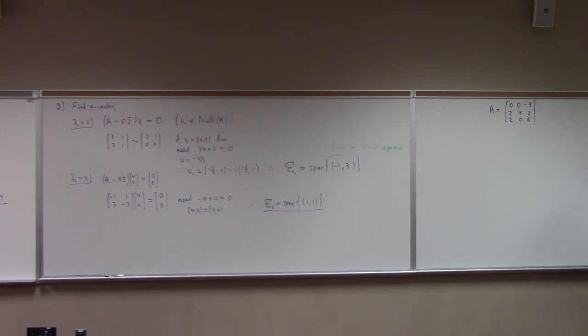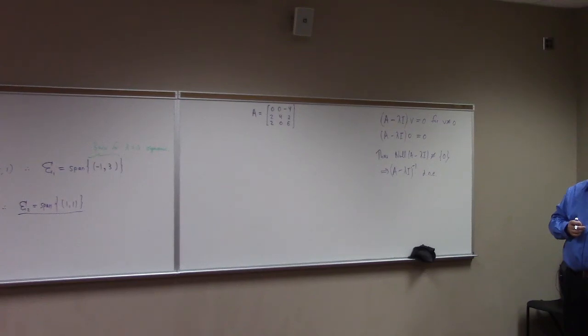Thus, the null space of A minus lambda I is not equal to 0, which implies that (A minus lambda I) inverse does not exist, right? So since we're working over a field, to say that the matrix has no inverse is just to say that its determinant is 0.